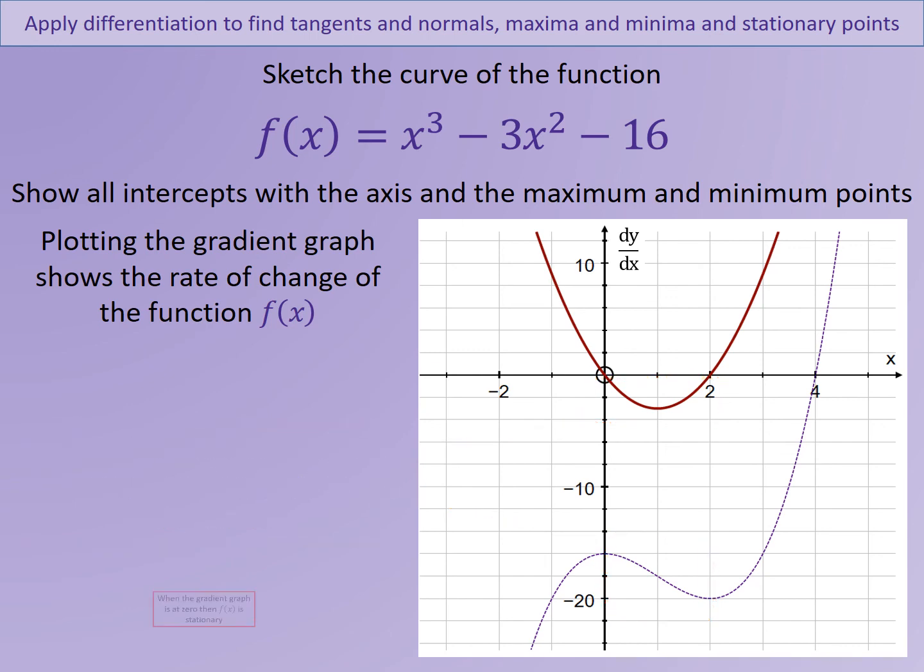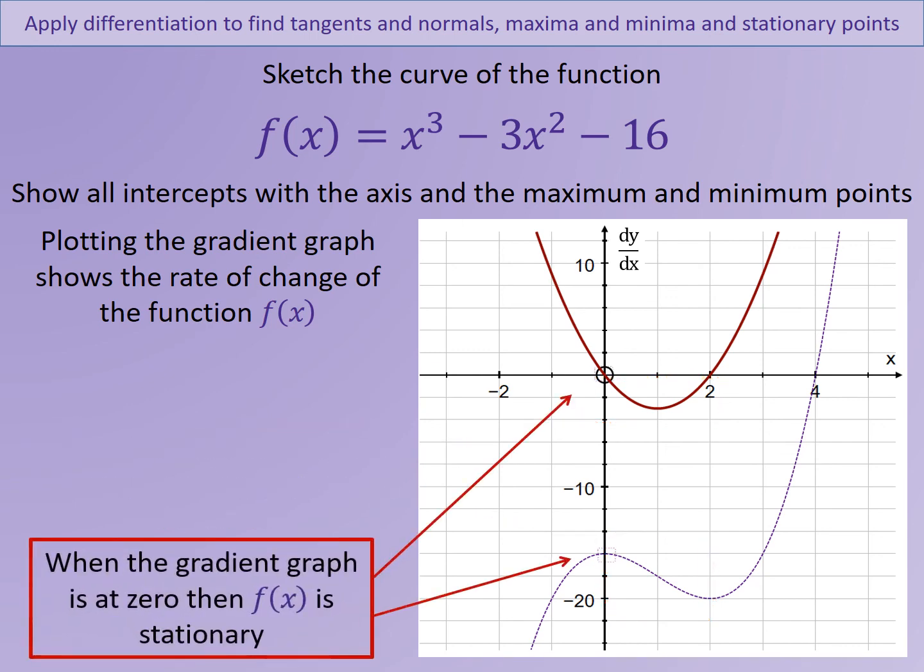And then finally, if we just identify a single point where the gradient graph is equal to 0, you can see that that corresponds to a stationary point on the original graph. So that's just to show you how the gradient function graph is linked in with the original function graph.